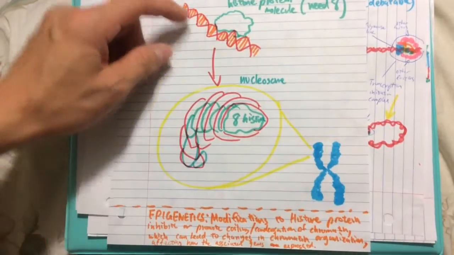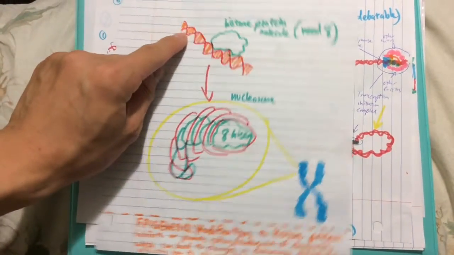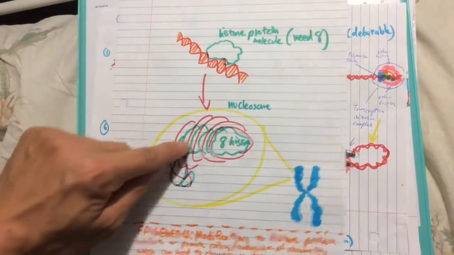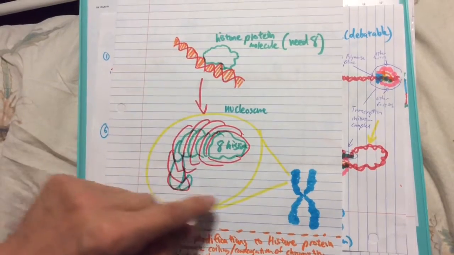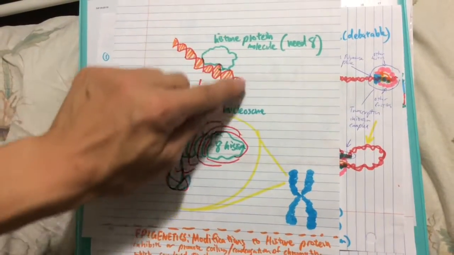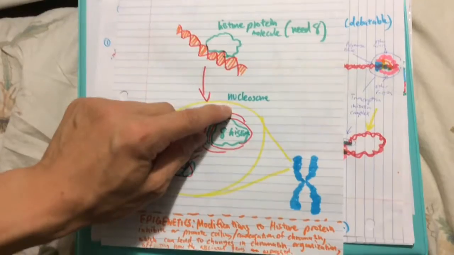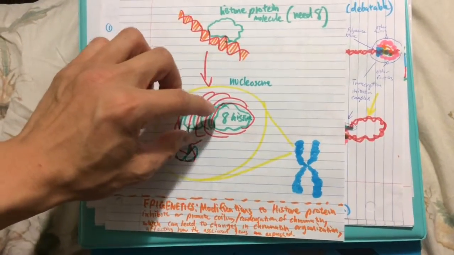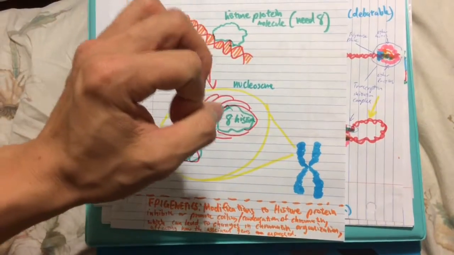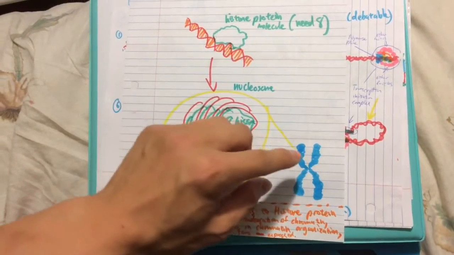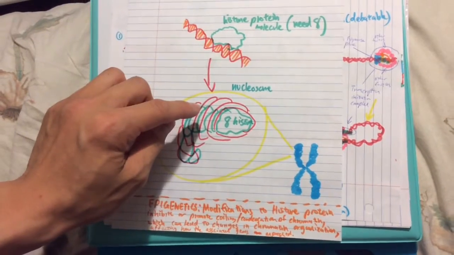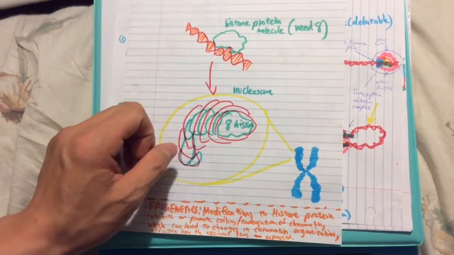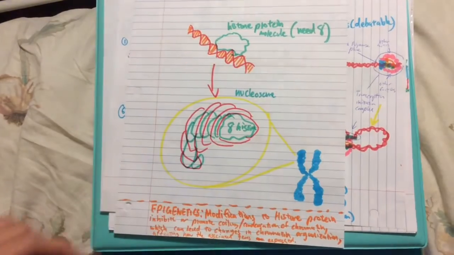A nucleosome is basically when the DNA, as you can see in this picture, wraps around the histone proteins, and since there are 8, it forms a cylindrical shape, and as the DNA wraps around it, it forms a nucleosome. And nucleosomes are the basic small coils that form the chromosomes, except the nucleosomes are also further condensed and further wrapped in order to fit more DNA into the chromosome.